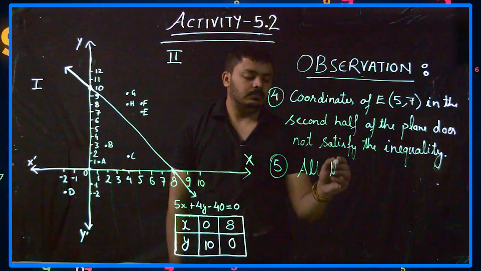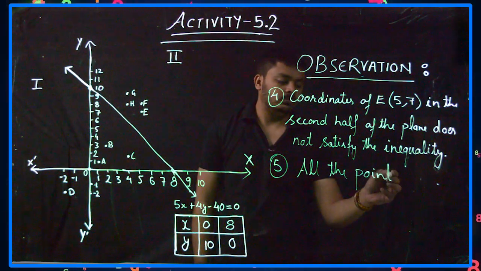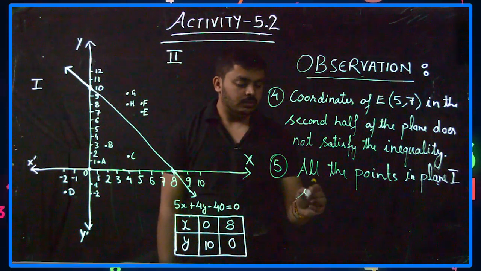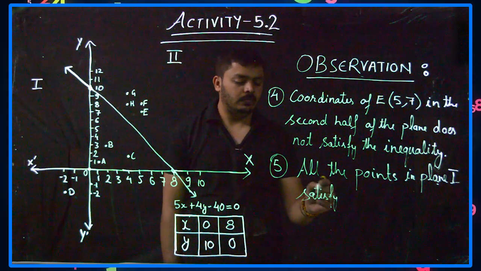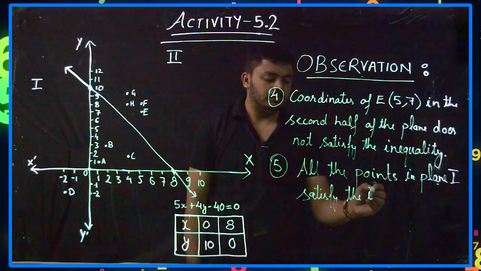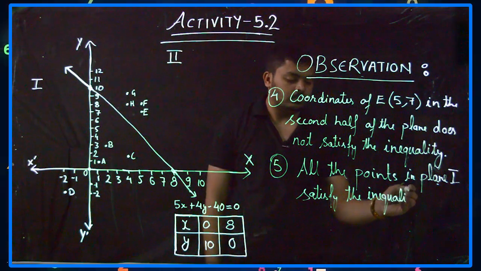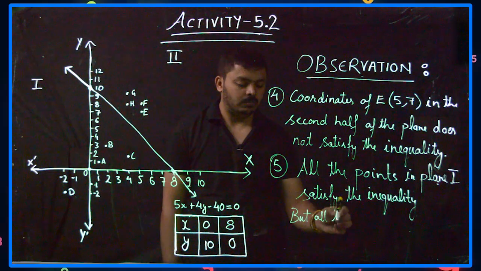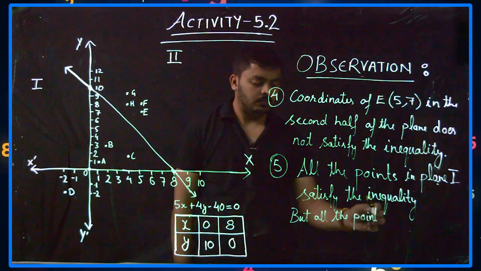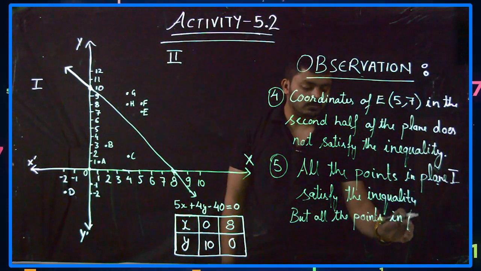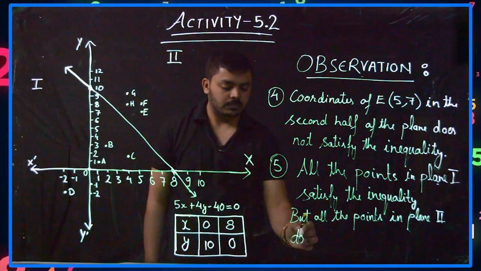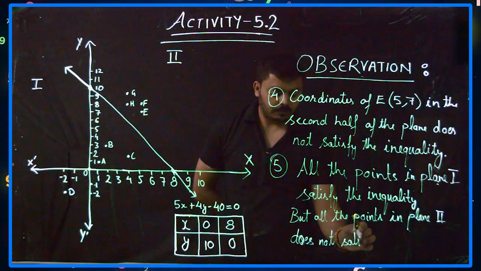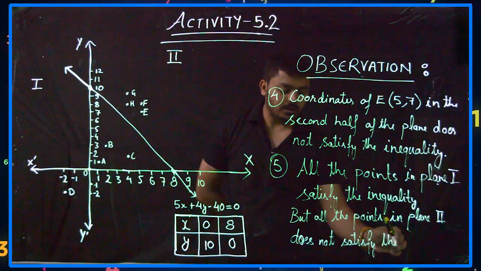All the points in plane 1 satisfy the inequality, but all the points in plane 2 do not satisfy the inequality.